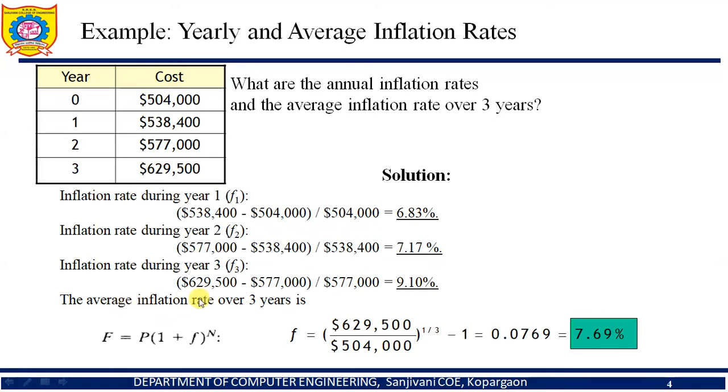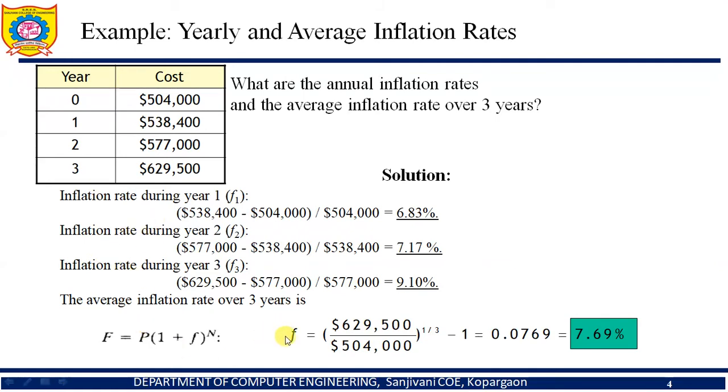Then you have to calculate the average inflation rate over 3 years using the formula F equals P into (1 plus f) raised to n. Here small f is the average inflation rate, n is the number of years, P is the cost of the product in the base year, and capital F is the cost of the product in the specific year.